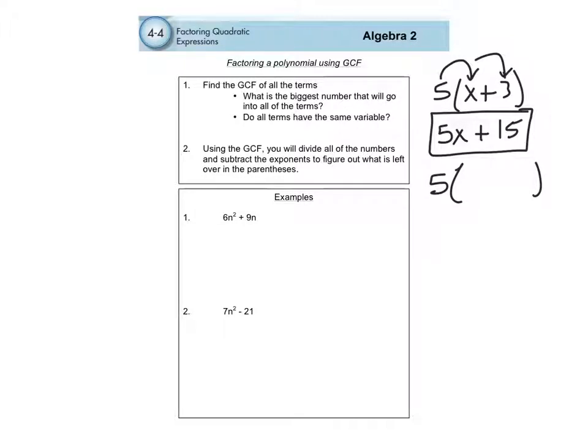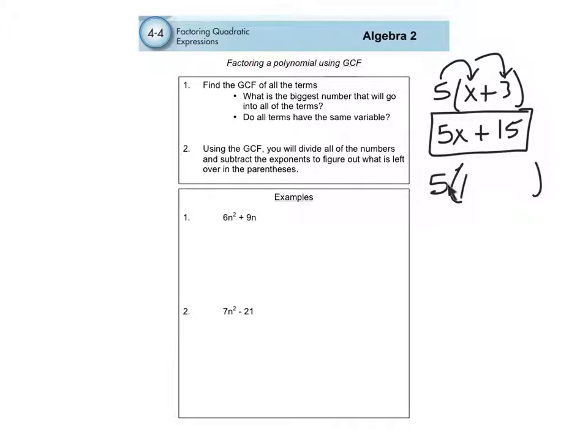So up here when we distributed, we multiplied everything. Well, now when we want to factor, we want to divide. We want to do the opposite of it. We're going the other way now. So I'm going to take 5 divided by 5, and I'm going to get 1. Then I'm going to take x divided by nothing, or in other words, you're going to hear me say take the exponents and subtract them.